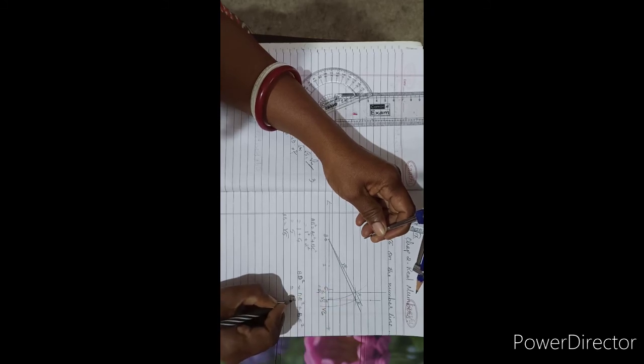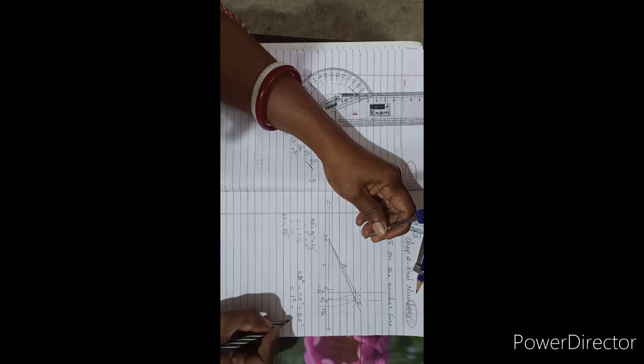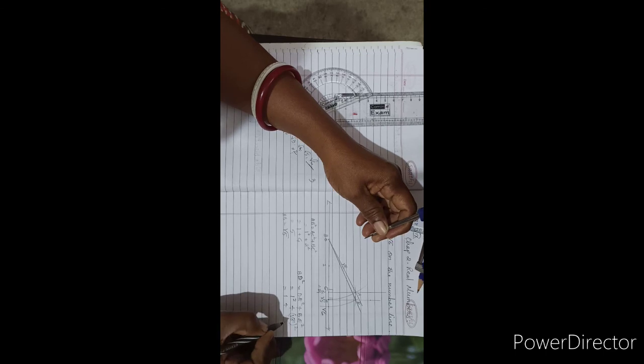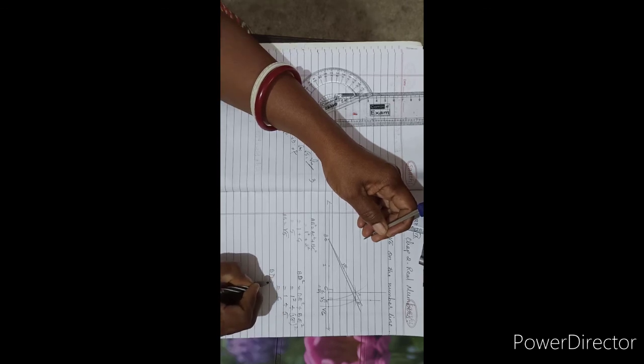DE is 1 unit, 1 square, plus BE we know it is root of 5, the whole square. So this is equal to 1 square plus root of 5 square, which is 5. So 5 plus 1 is 6. Therefore BD is equal to root of 6.